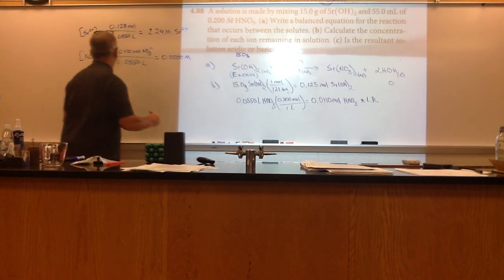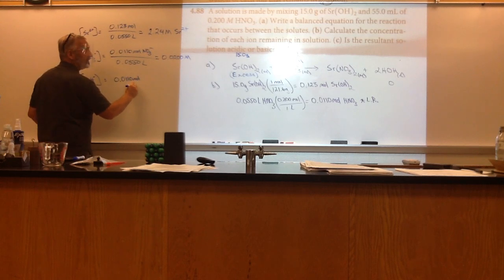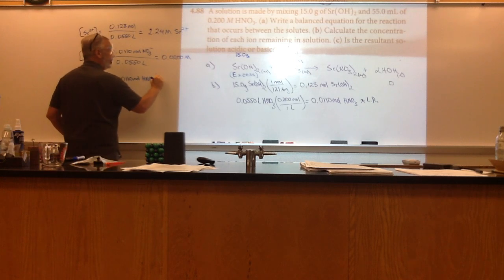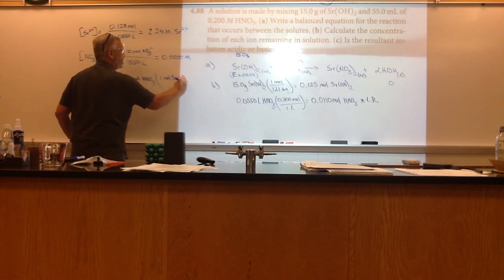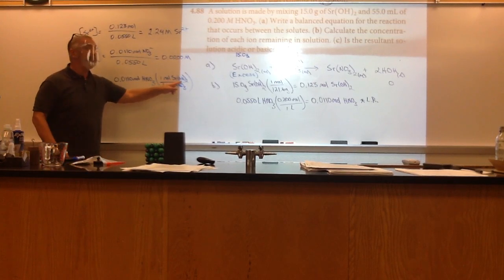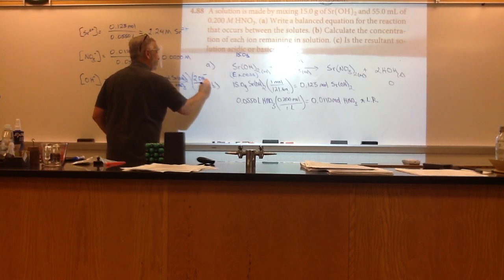What's my ratio here? Moles of HNO3. So then it's going to be 1 mole of Sr(OH)2 for every 2 moles of HNO3. Right? But when this breaks apart, how many hydroxides am I going to get? 2. So I'm going to get 2 OH minus for every 1 Sr(OH)2.